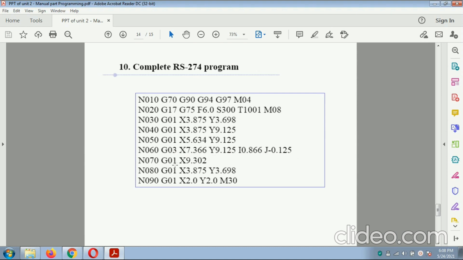For the last position, X is 9.320. The initial position is X 3.875 and Y 3.698, and the original position P0 is X2, Y2 and M30. In this way the program can be written as a manual part program.